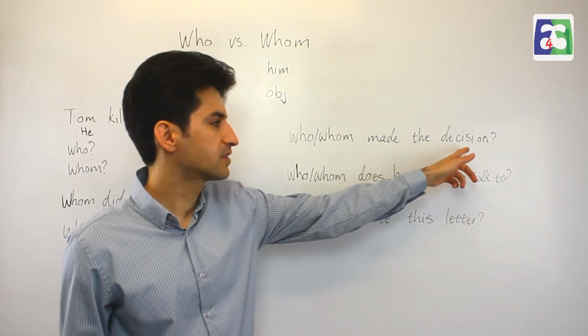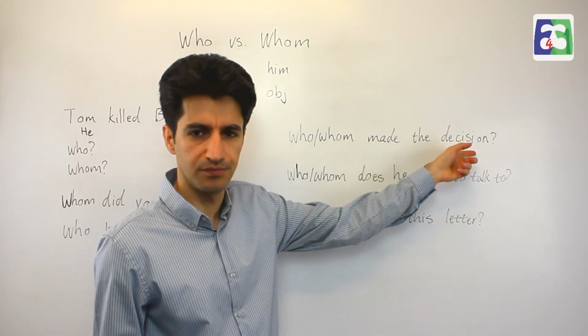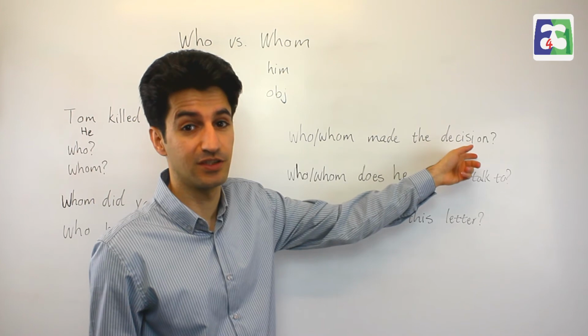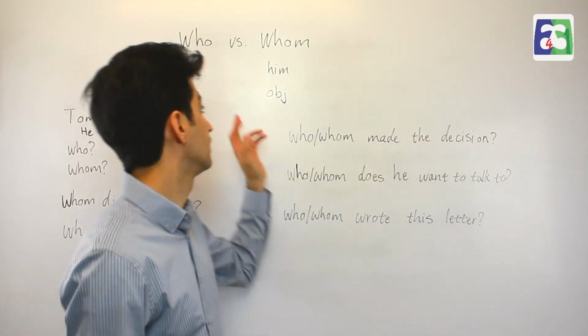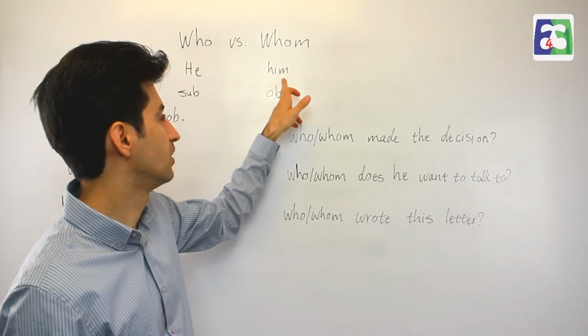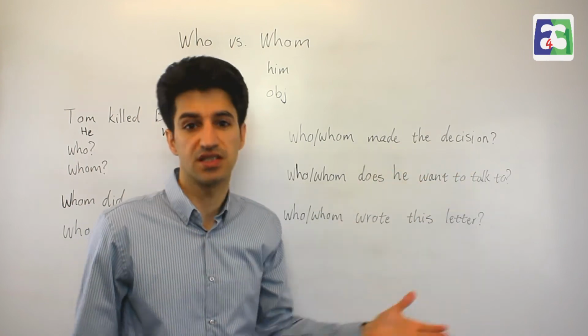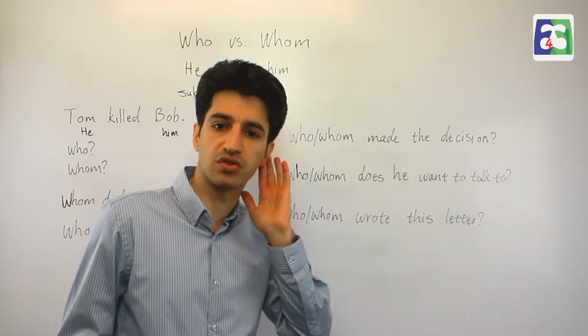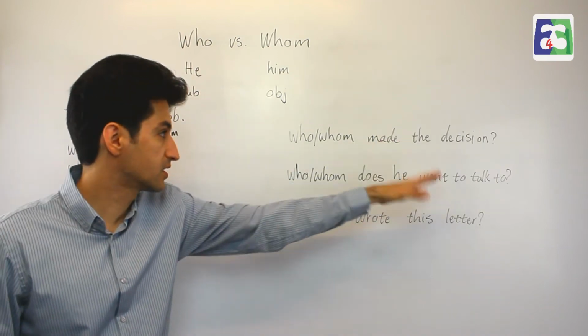He made the decision, or him made the decision. Well, him can't be the subject of the sentence, so this can't be right by just using him. So what is missing is he. He made the decision. This is right. This is what sounds right to our ears. So he made the decision.